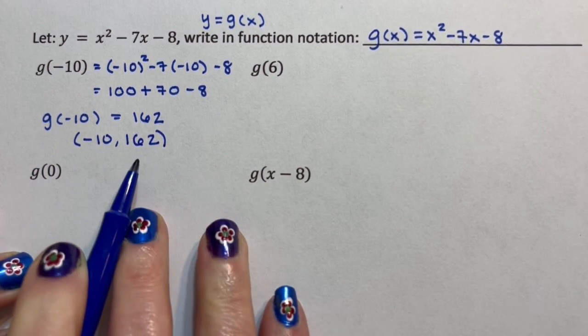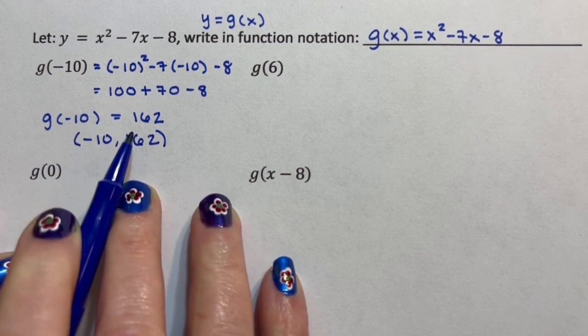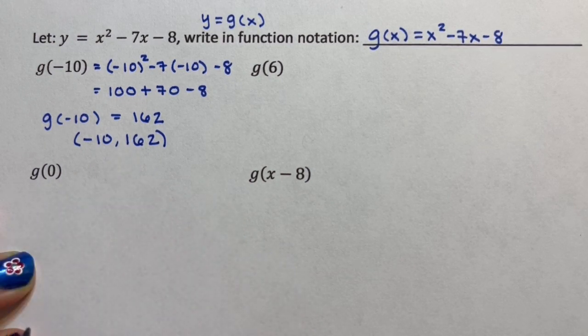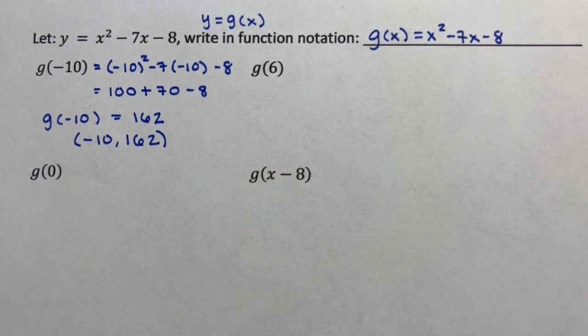The negative 10 and the 162 are in the exact order that I graph it, the same order as the function notation. I don't have to switch anything. I don't have to make it at all complicated. Function notation and the ordered pair are in the same order, which is nice.